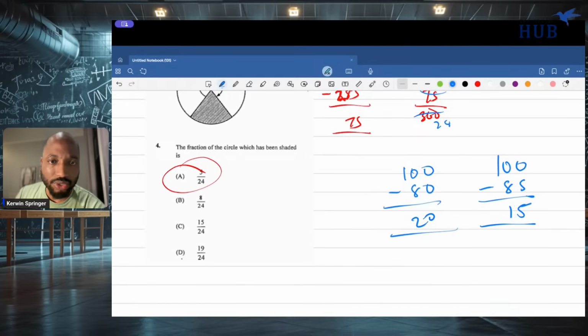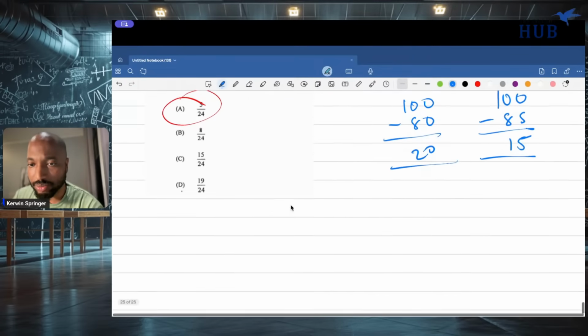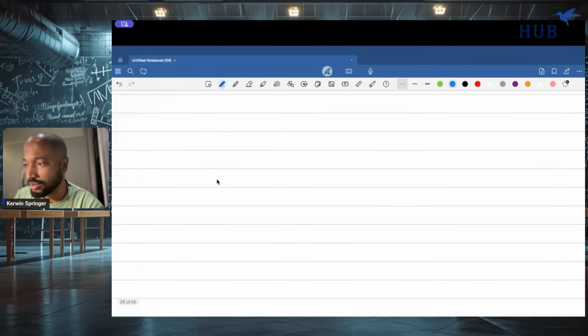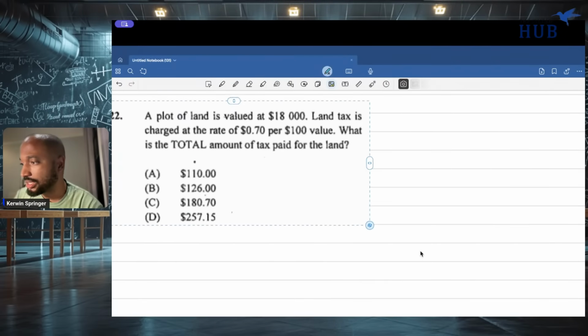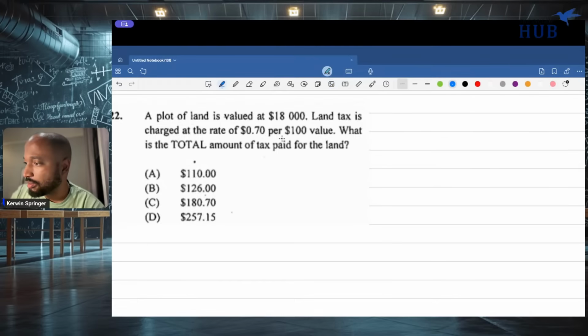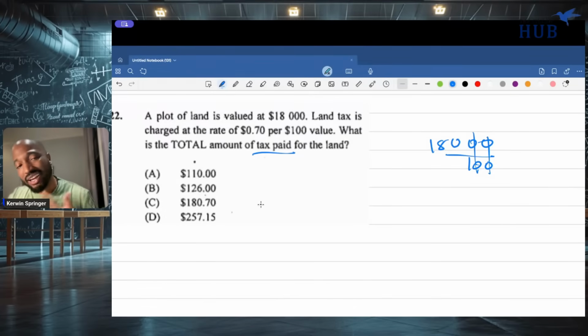So I was talking about this question the other day. The next question is coming up. A plot of land is valued at this. Land tax is this per 100. What is the total amount of tax paid for the land? So what I normally do for these questions is find out how many hundreds go into it. 180. And then multiply it by these 70 cents.